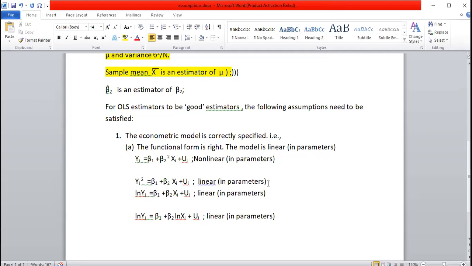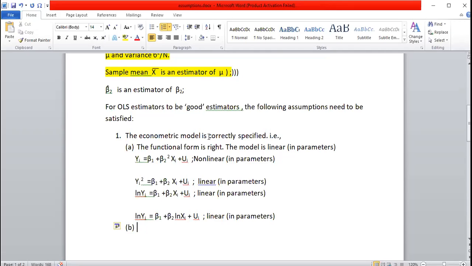So when they say the model is correctly specified, one of the things they mean is this: the functional form is right and the model is linear in parameters. Another one, and then I'll call it a day.